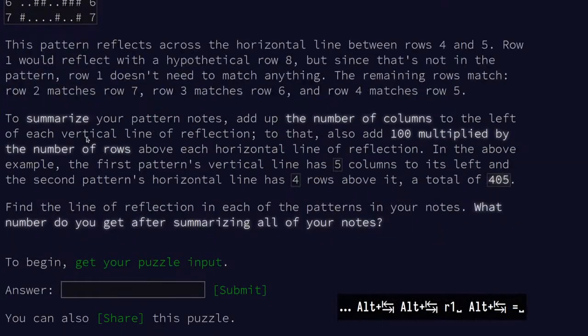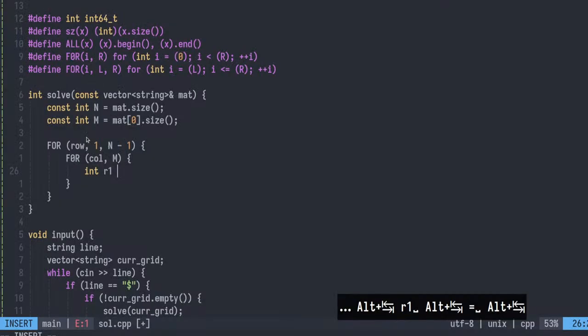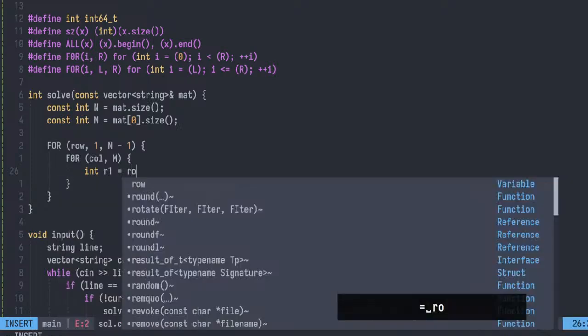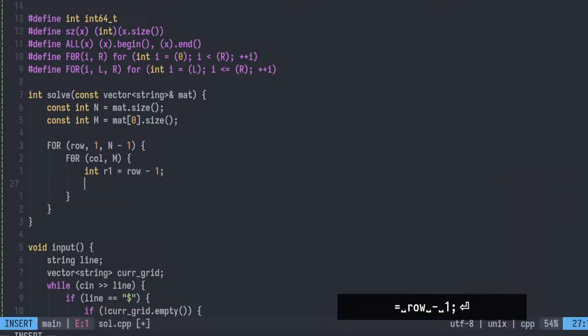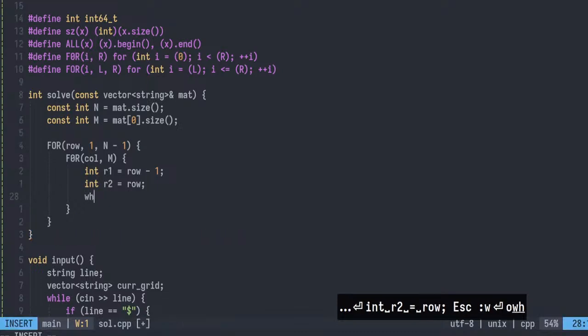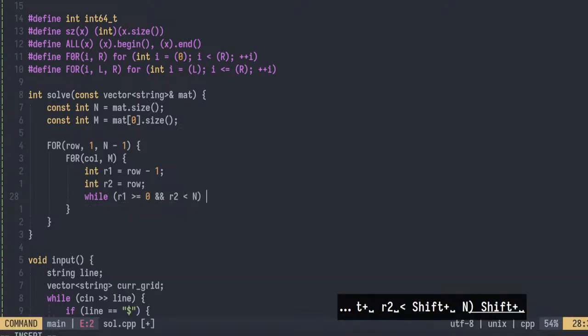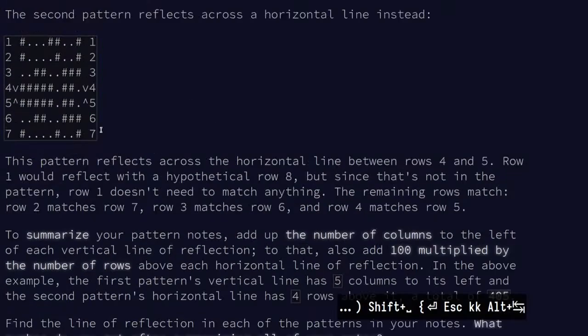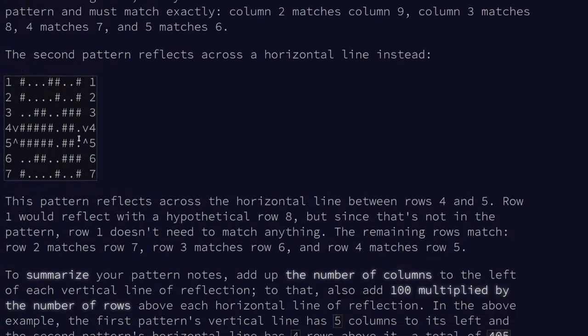The row above it, the coordinate for that would be row minus 1, and the row next to that would be row, and as long as r1 is greater than or equal to 0 and r2 is less than n, r1 will go above. So let's say we are at row 5 and column 0, so this would be r1, this would be r1, r2.